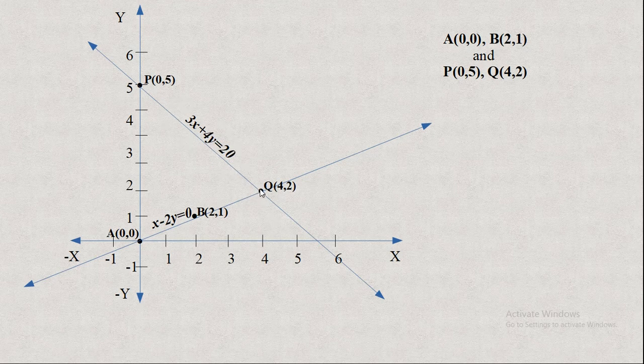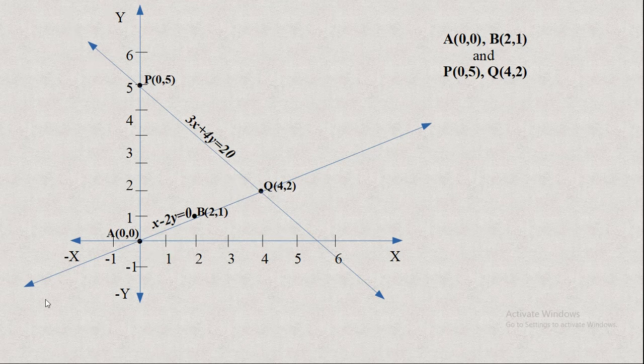That means this is the common solution for both equations, and that means this is the only solution for the pair of these equations. Okay, that is how we find the solution for a pair of linear equations from the graph.